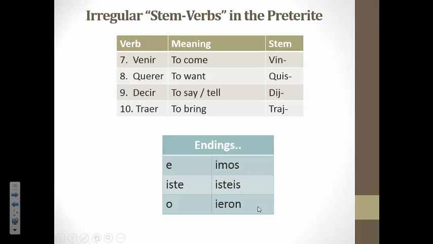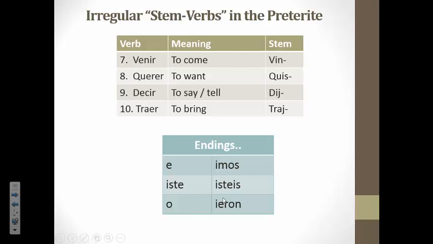You'll notice these do look like regular preterite endings. There's some differences though. One of the main differences, number 1, there's no accents. And number 2, they've kind of taken the AR regular preterite endings and mixed them with the ER, IR regular preterite endings. Okay, so e and o, those come from AR preterite endings, and then the rest of these come from ER, IR.